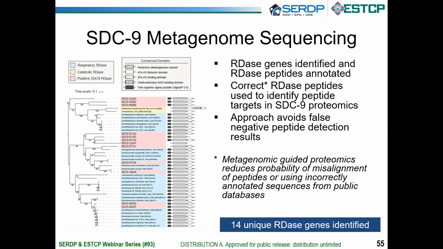And so we sequenced the metagenome for SDC9 and identified 14 unique RDase genes that otherwise wouldn't be predicted just by querying the databases. And so it was good that we sequenced the metagenome.